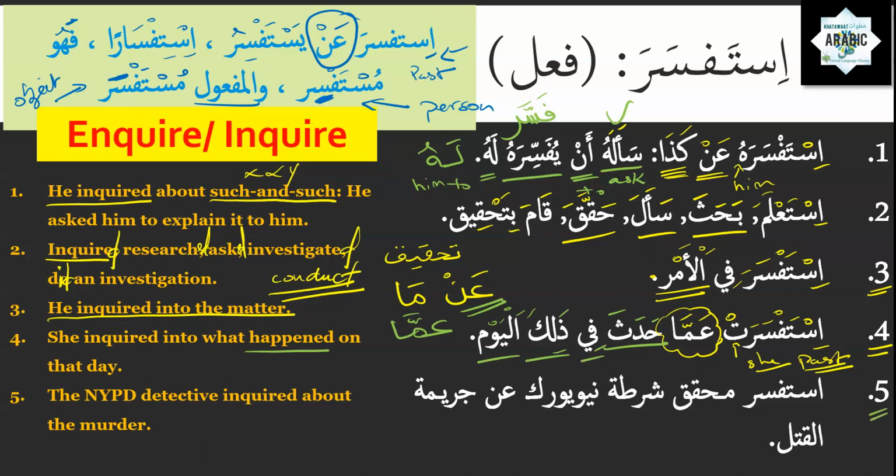The fifth example we have استفسر محقق. And look how fun this is, because we learned حقق, investigate, and then تحقيق, investigation, and here we have investigator. So you can see how interesting the root system is. You can learn more vocabulary looking at the root.